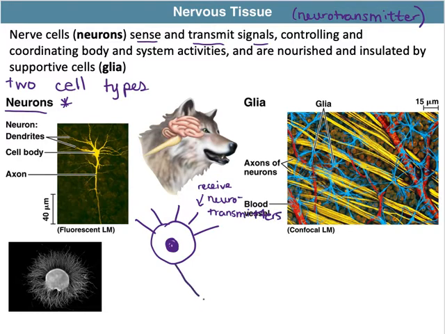And then we have the long axon, which sends the signals. So the signal goes in this direction, and then the synaptic space would be the space in between neurons, or the neuromuscular junction would be the space in between a neuron and a muscle cell. So the axons transmit the signal.